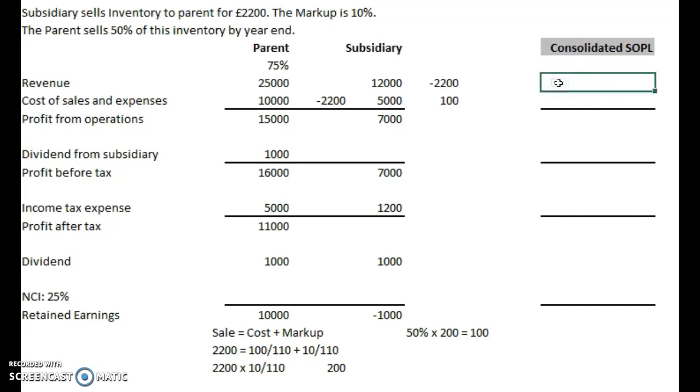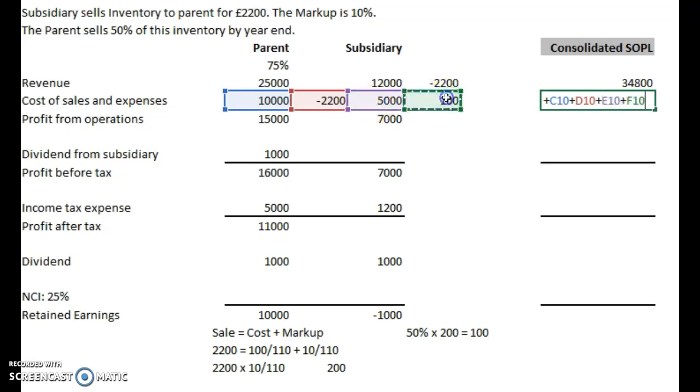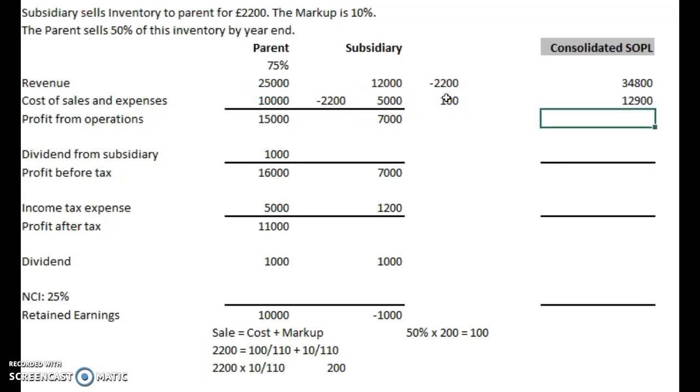So let's just add all these up right across. 25 plus 12, then add the negative 220, plus 10, add the negative 220 again, add the 5, and then add the plus 100 adjustment for the unrealized profit.